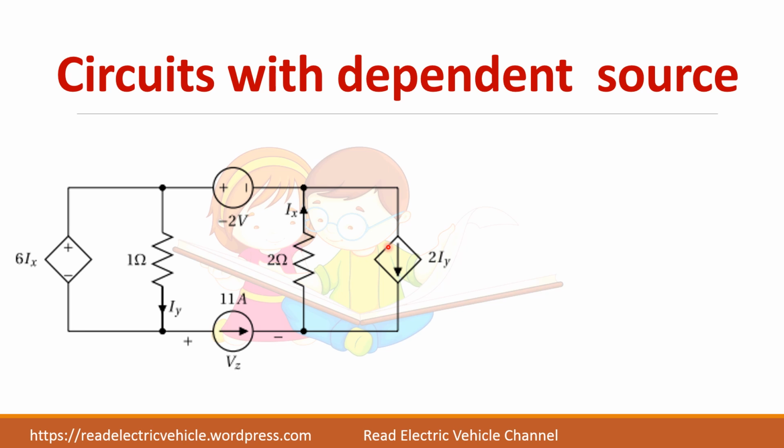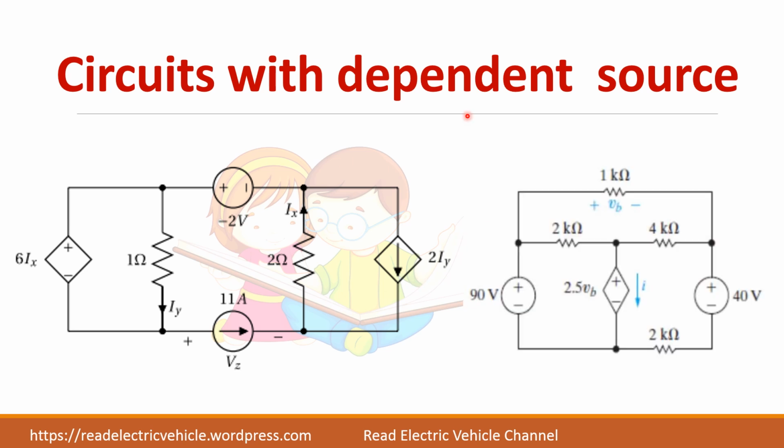And here if you see, the arrow represents it is a current source. The magnitude is 2 times Iy. So what is Iy? Current through the 1 ohm resistor. So it is a current controlled current source. In this case, there are two independent sources, 90 volt and 40 volt, and one dependent source.